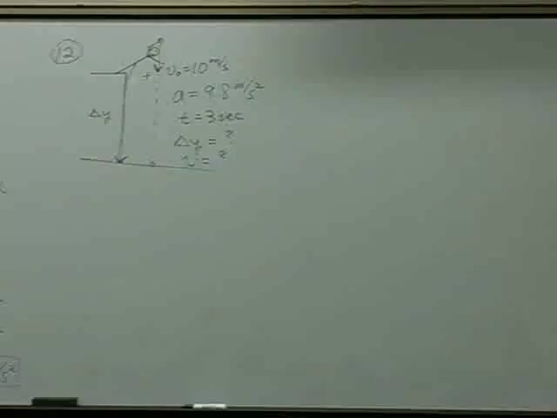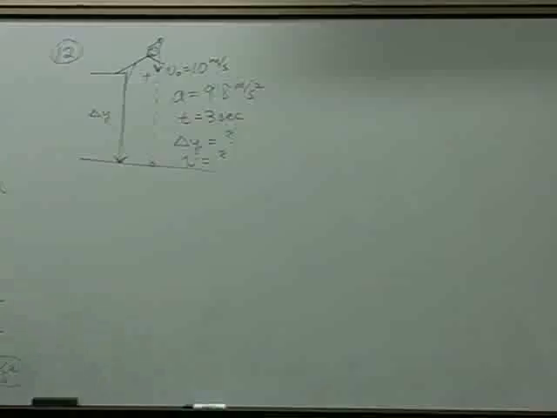Can I use that to my advantage? Can I say final velocity is 0 and solve the problem? Why not? Because it bounces first? It doesn't help to figure out delta y.